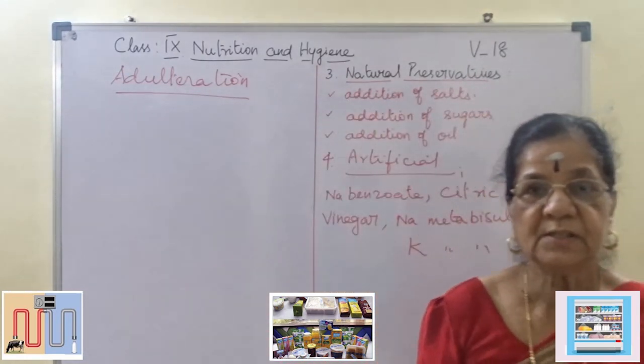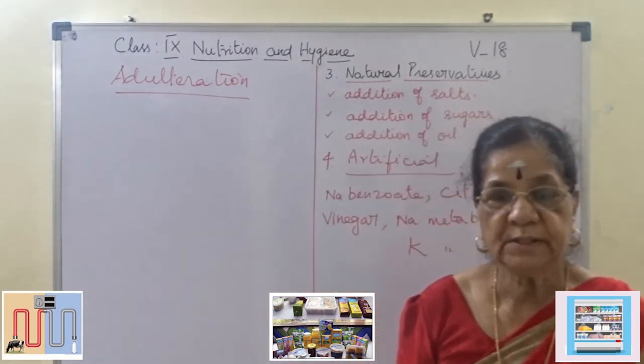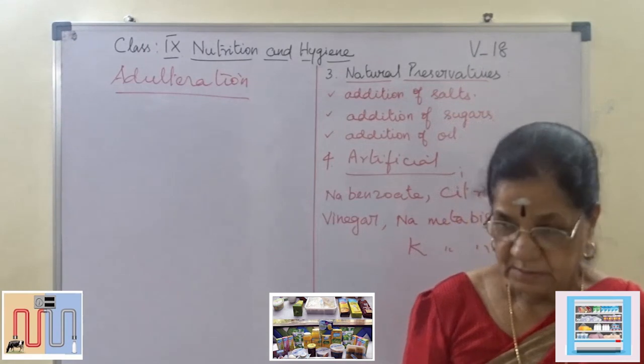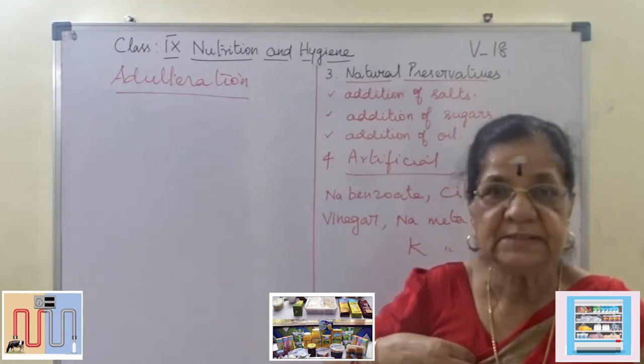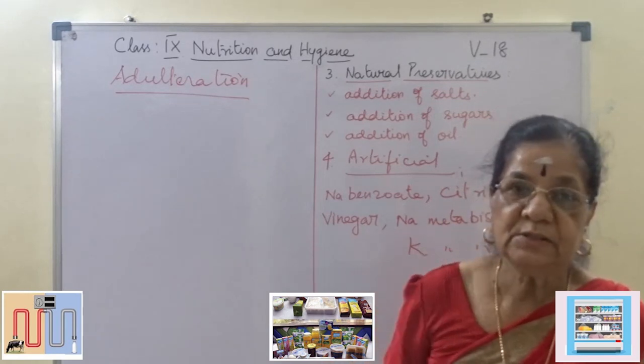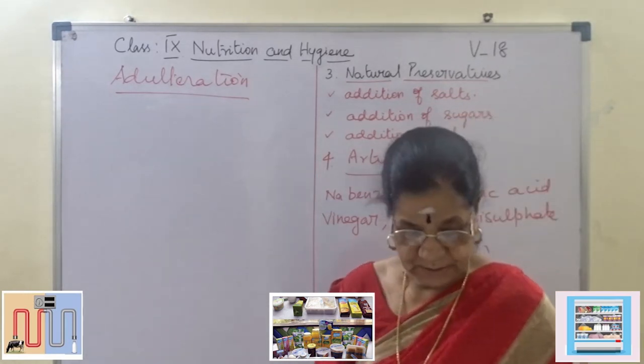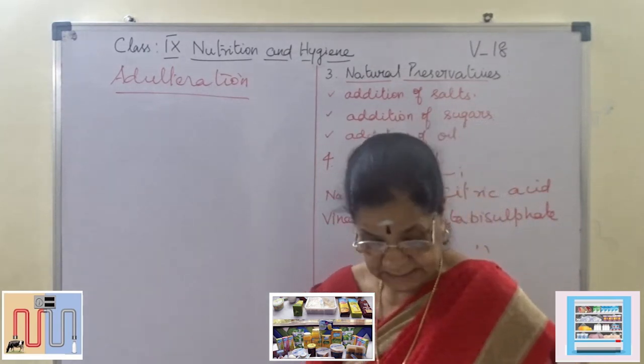Same way, in coffee powder or tea powder, when you add tamarind seed powder, that is adulterant. So this adulterant and the process is called adulteration.